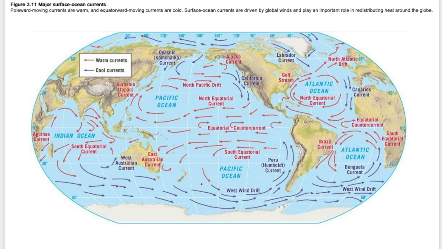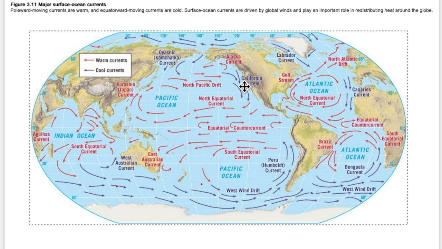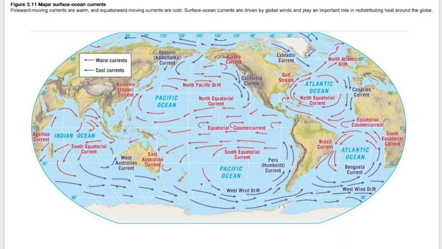The surface ocean currents are driven by global winds and play an important role in redistributing heat around the globe. So again, we see the example here of the California current being a cold current, and then on the east coast of the United States a warm current known as the Gulf Stream current.